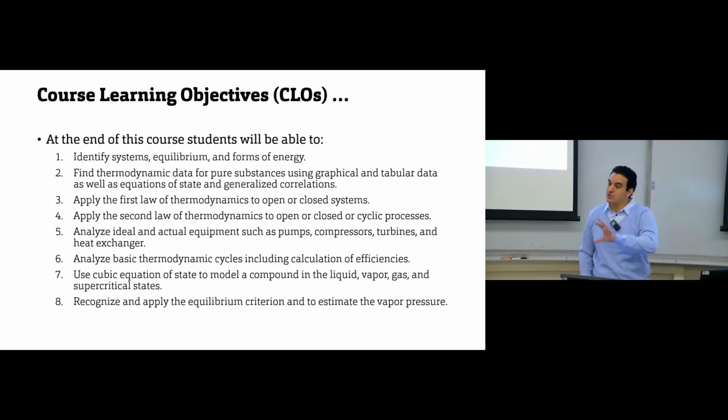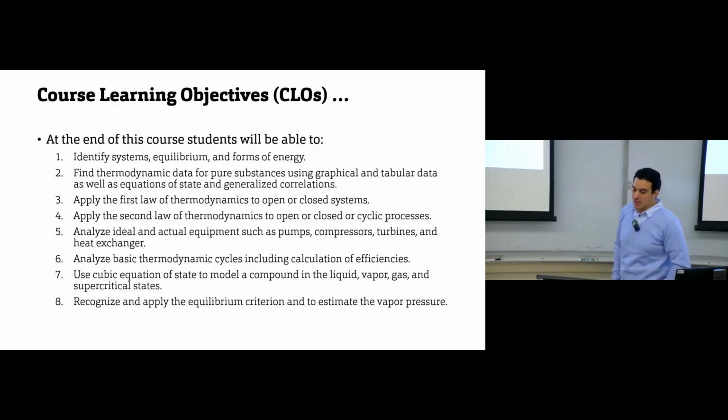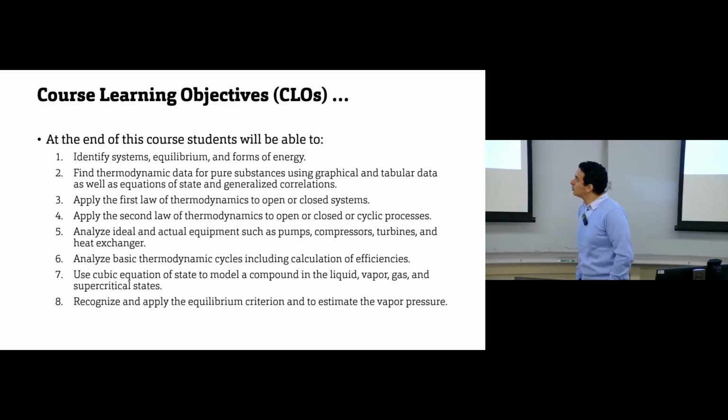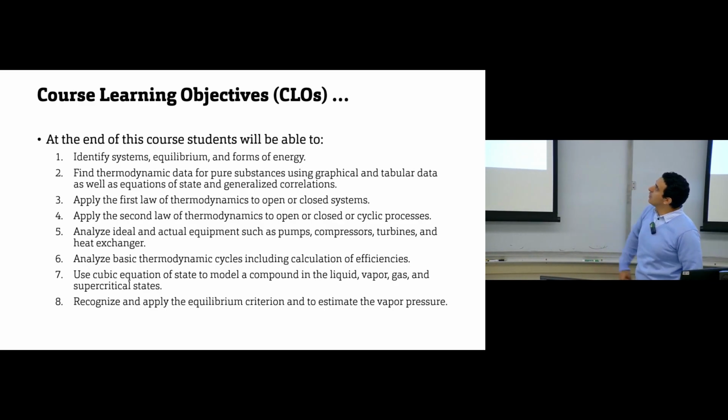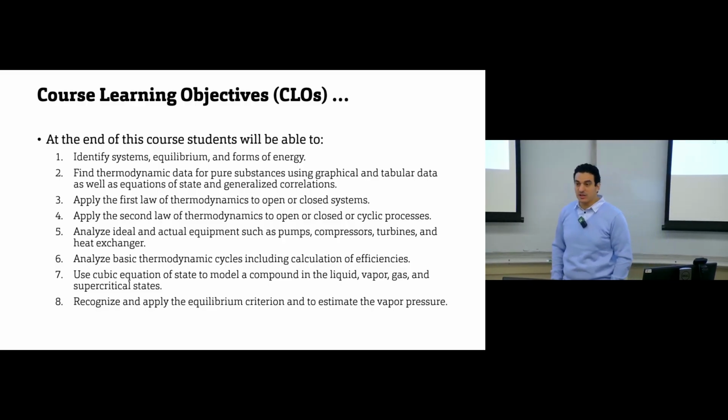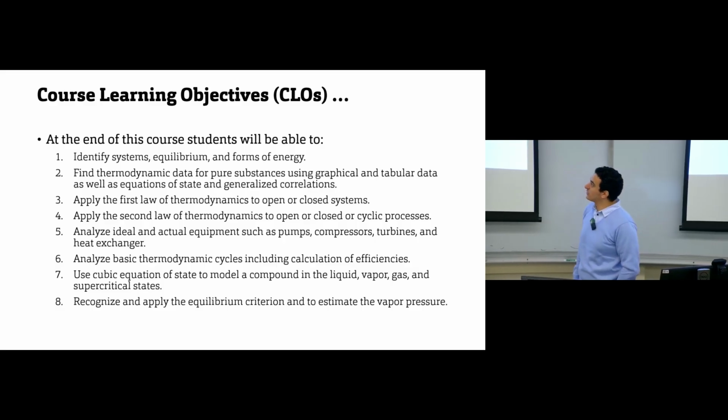Static forms are the energy stored within the system, and dynamic forms are energy that can be transferred between the system and the surroundings. Then we explained how we can use graphs, tables, and the appendix in order to find thermodynamic data, and how we can also use equations of state.